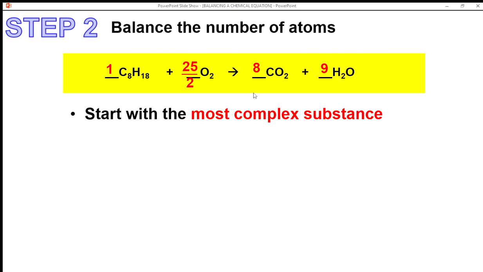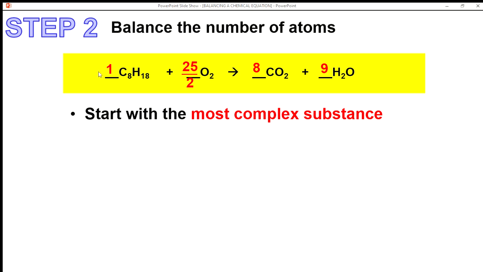However, if you look properly, on the reactant side the oxygen that we are using is oxygen gas, and the molecular formula of oxygen gas is O2. So if we write 25 here, 25 times 2 would be 50, so of course the equation will not balance.